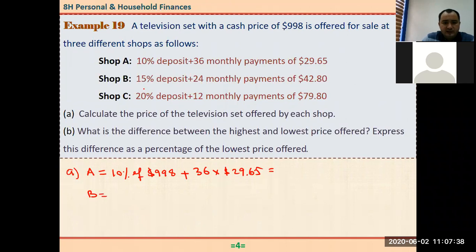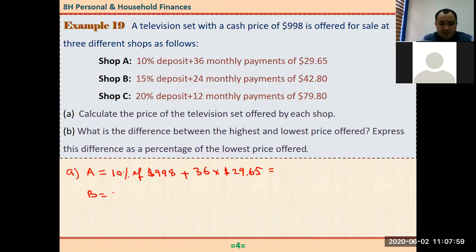Shop B, it says 15% deposit. Deposit of what? 15% of this cash price, right? That means first you need to pay this 15% of the cash price, and the remaining you spread over these 24 months, and each month you have to pay this amount, $42.80.